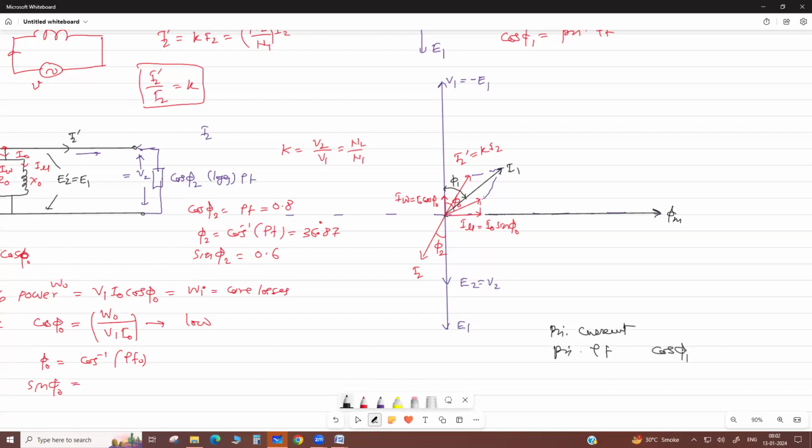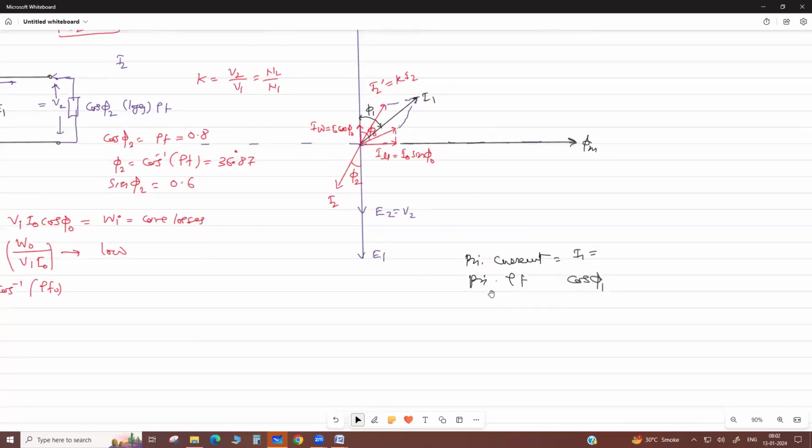Cos phi 1 is your primary power factor, I1 is your primary current. Okay. Now, but how do we calculate I1? So as we resolved this I naught, we have taken two components already. Same here, you resolve this I2 dash also, vertical and horizontal.